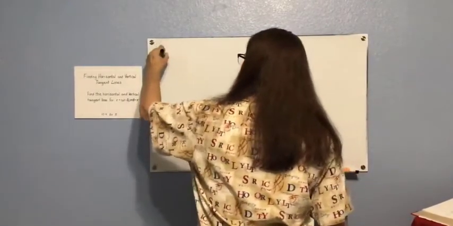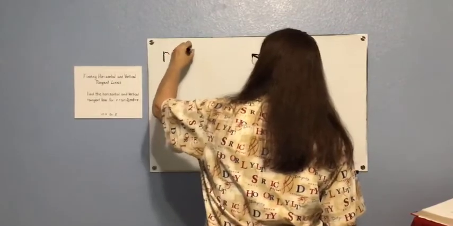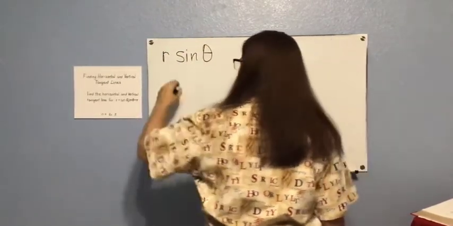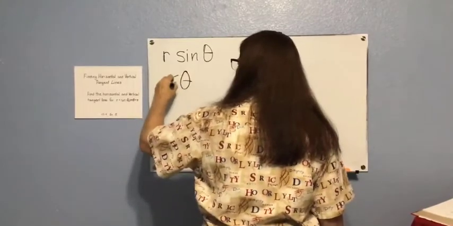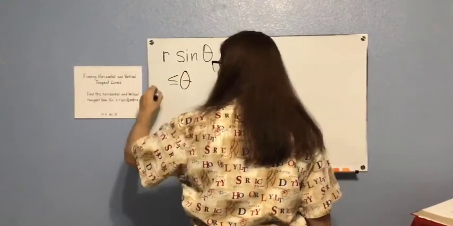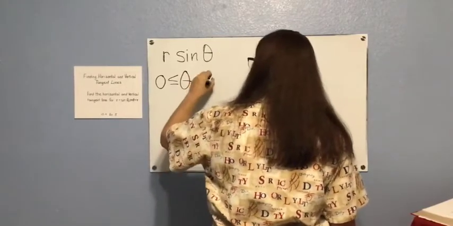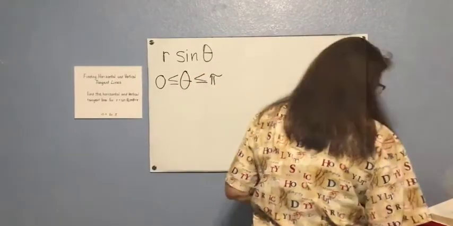Okay, I want to find the tangents for r = sine theta, for when theta is in between 0 and pi.